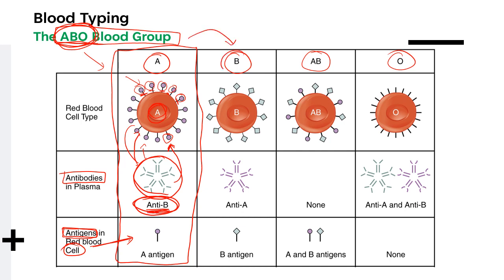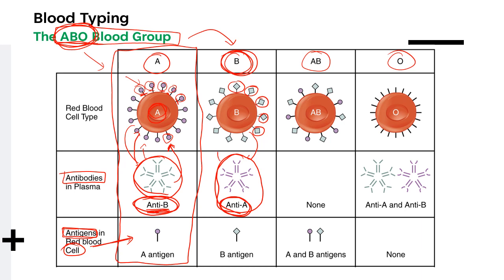The next is going to be B blood. They are B because the antigens that they have are B type antigens, and the person will have in their plasma anti-A antibodies. So that means that those are going to react against type A antigens.